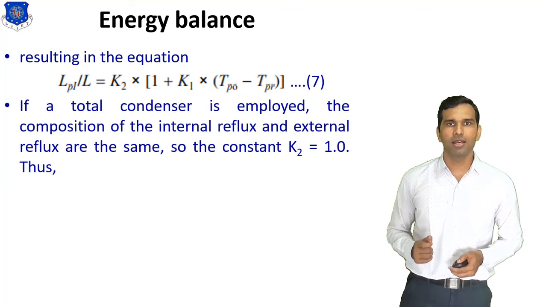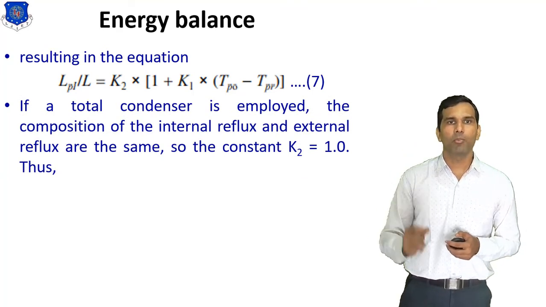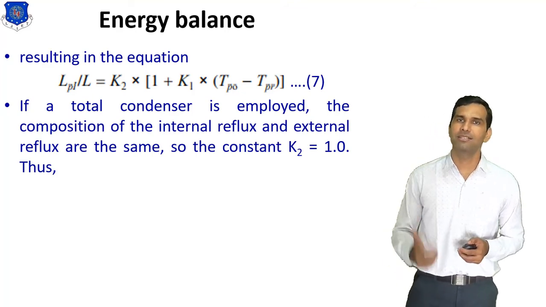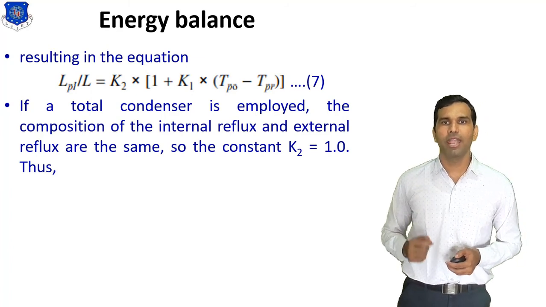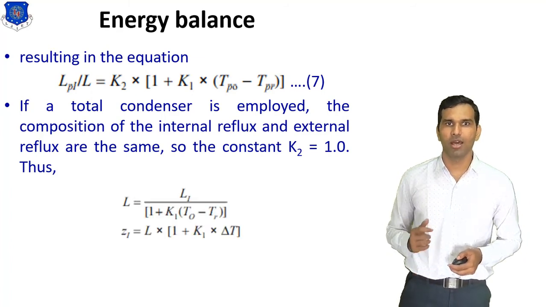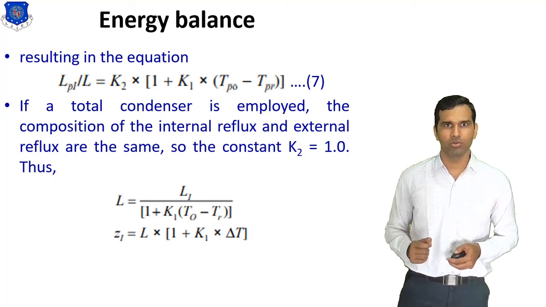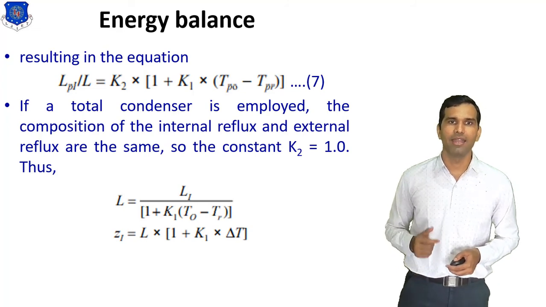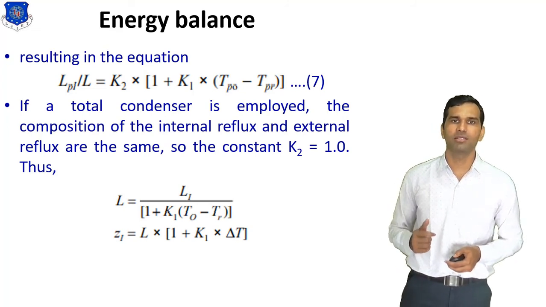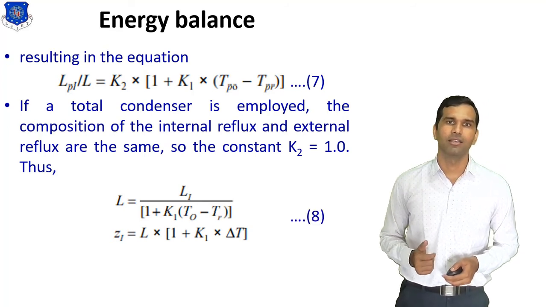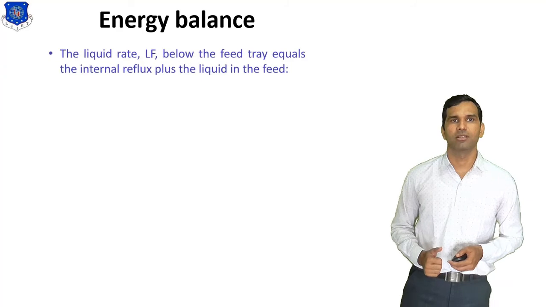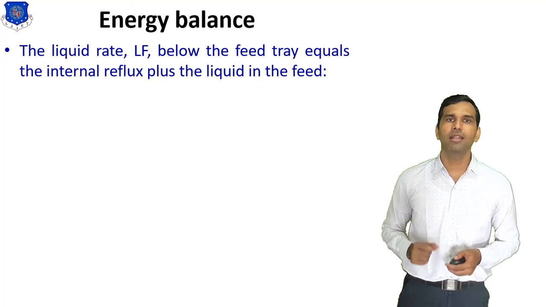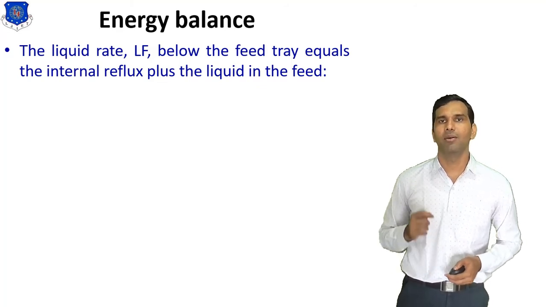If a total condenser is employed, the compositions of internal reflux and external reflux are the same. So the constant K2 is equal to 1.0, and the equation becomes LI equals L times (1 plus K1 times (T0 minus TR)). So this is the energy balance equation. The liquid rate LF below the feed equals the internal reflux plus the liquid in the feed.